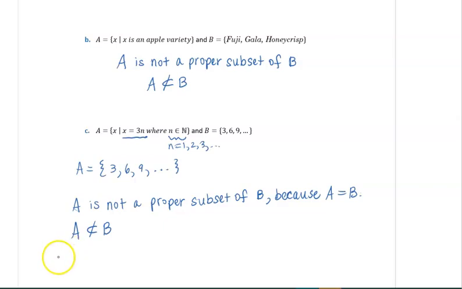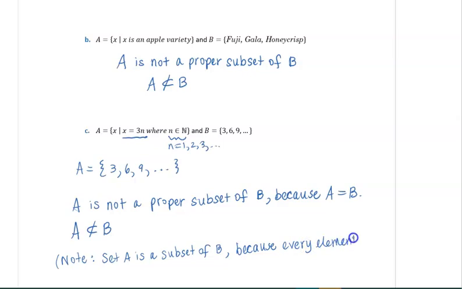Although they didn't ask us for it, I'm going to make a note. Note, set A is a subset of B, though, because with a subset, the only condition for one set to be a subset of another is that every element of the first set must also be an element of the second.